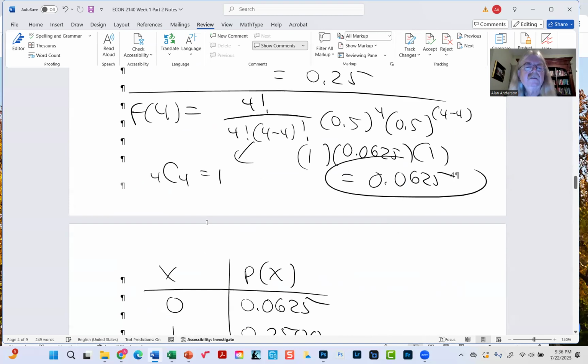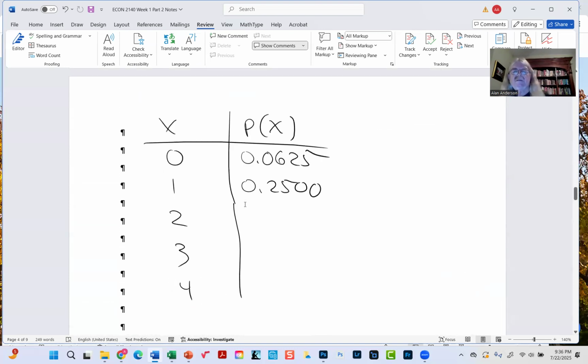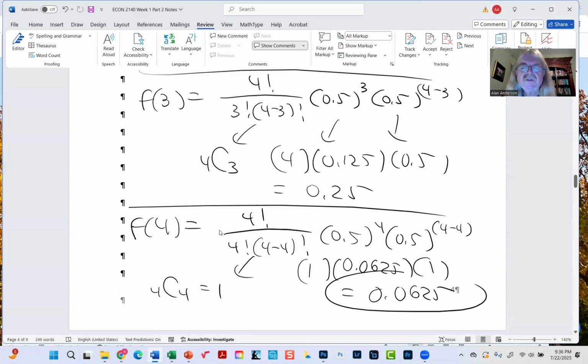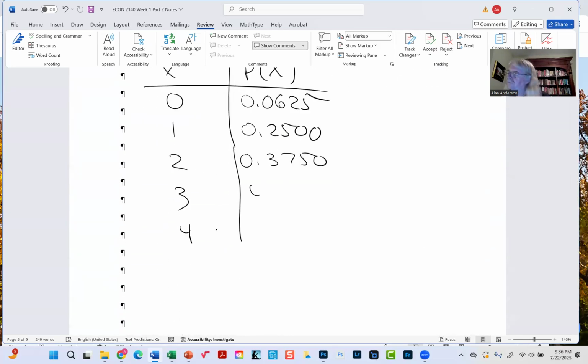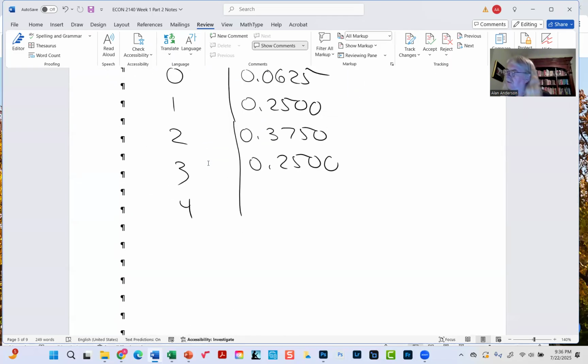For 2, we're going to have 0.375. 3 gives us 0.25. And then finally 4 is 0.0625.